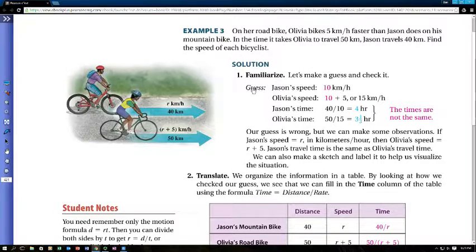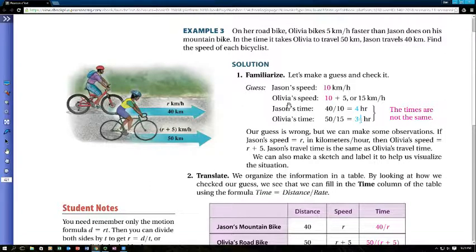So when we familiarize ourselves with things, we want to set up an algebraic translation of this more complex problem. So what they start doing is say, well, let's guess a little bit here.